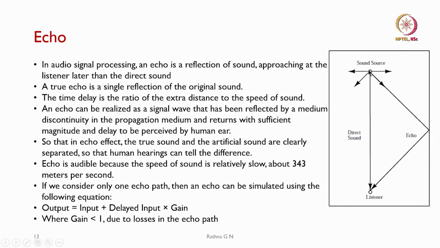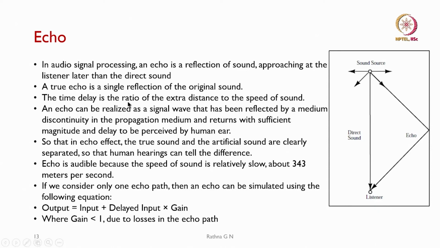The first one is the direct sound coming to you. Later on you will get the reflected sound at your listener. This we call an echo. A true echo is a single reflection of the original sound. We will see, if multiple reflections come, what we call it in the next slide.